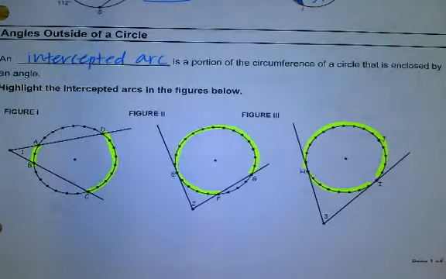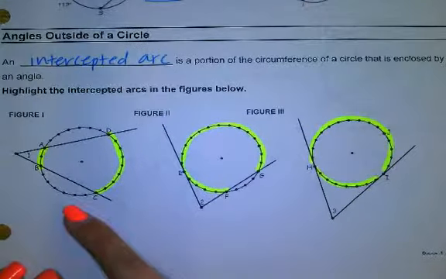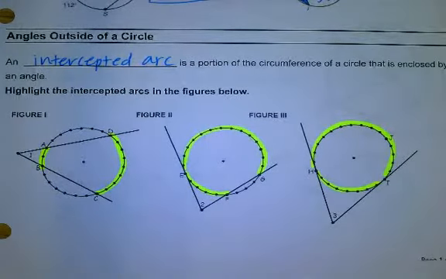Is everybody clear with what an intercepted arc is? Okay, it is enclosed by the angle. That's why we're not including arc FG, CB, or arc AD, because none of those are inside of our angle. Okay, if I close my angle, I should be able to eat all the arcs that are intercepted.